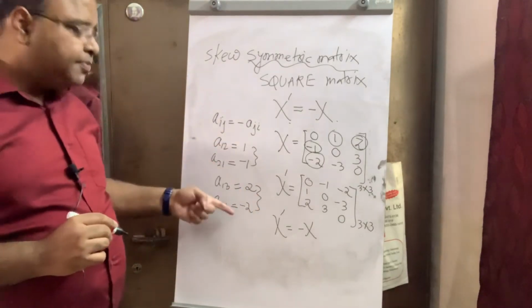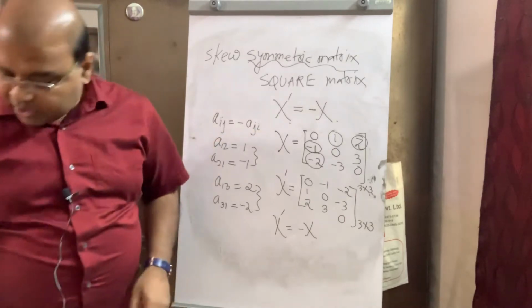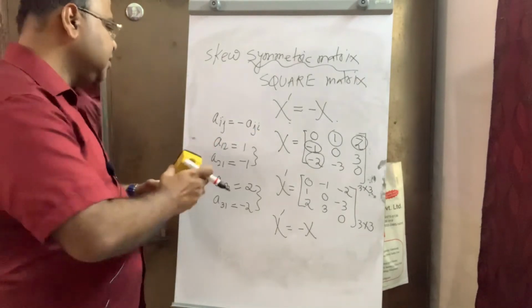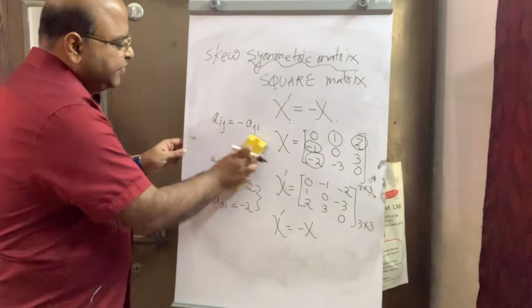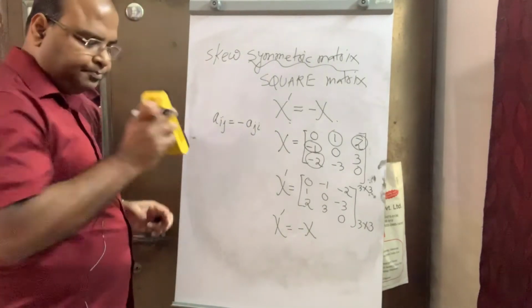And because of such a property that Aij is equal to minus of Aji, what happens for the diagonal elements in particular, as we know that for a diagonal element the i and j suffixes are equal, they are same.